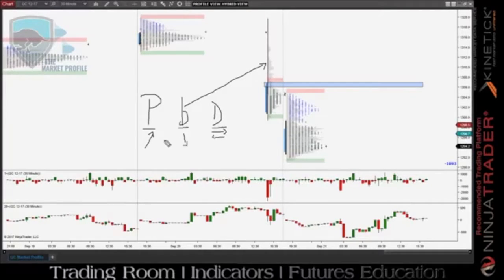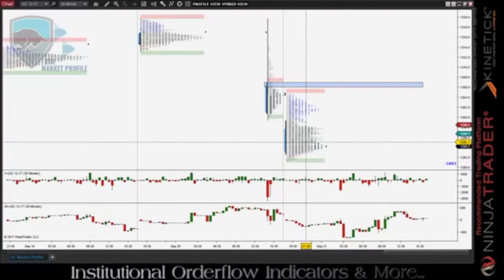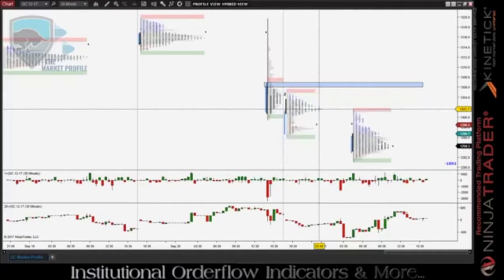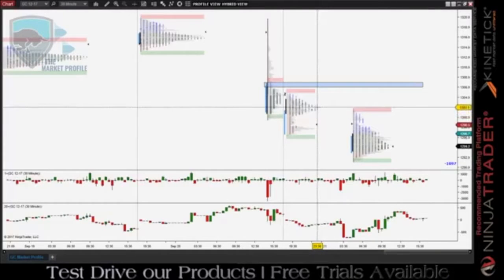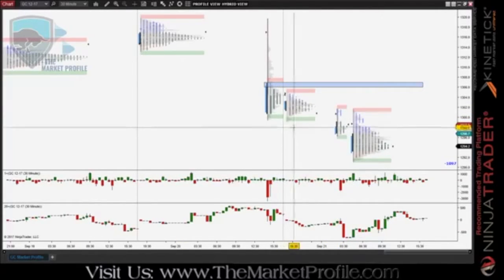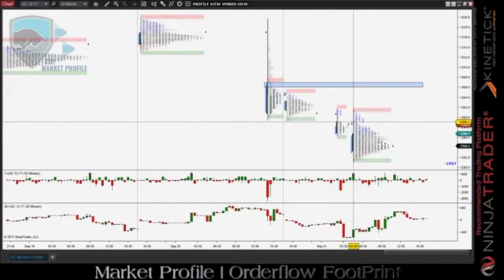So early this morning, we noticed we had a B-shaped distribution, right? When we use our tools, using the market profile software that we have, we can split the distributions and notice these shapes. If I split right here, and combine these two, we had a D followed by a B, and this was by 4:30 in the morning.